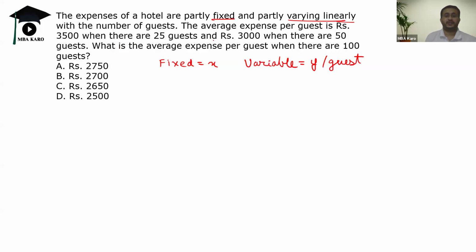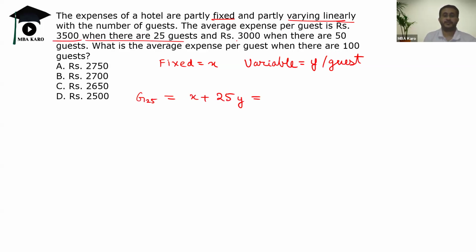Now, the average expense per guest is 3,500 when there are 25 guests. When there are 25 guests, what will be the total expenditure? It will be fixed X only plus 25 into Y. So what is this?